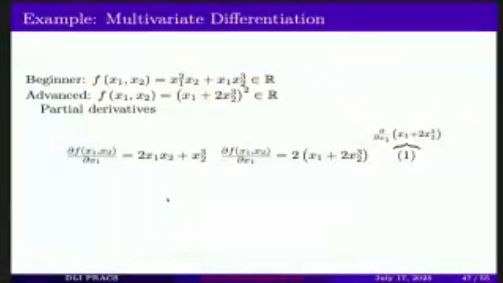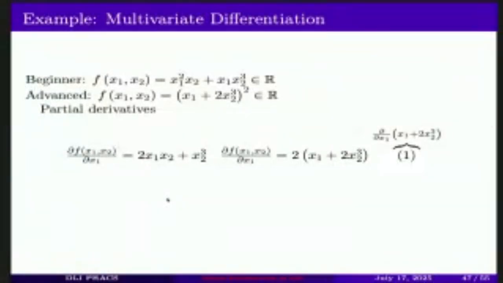It's the same thing that we're applying to the second function, the more advanced one. We have the function x1 plus 2 times x2 to the power 3, that's one function, and then the second function is taking the square of all of that. So we apply the same rules as before, and here it is the chain rule again.